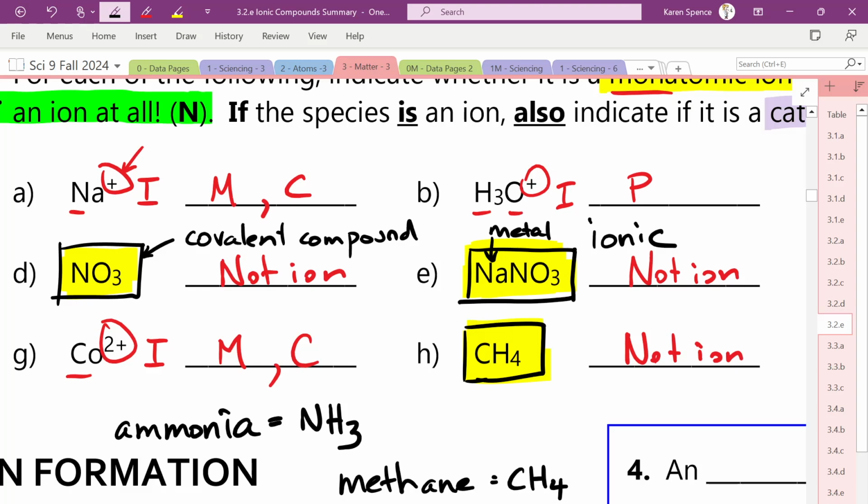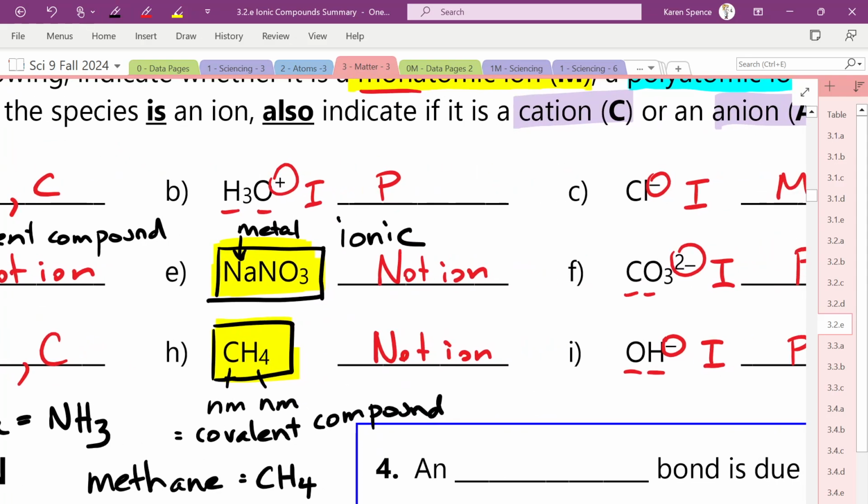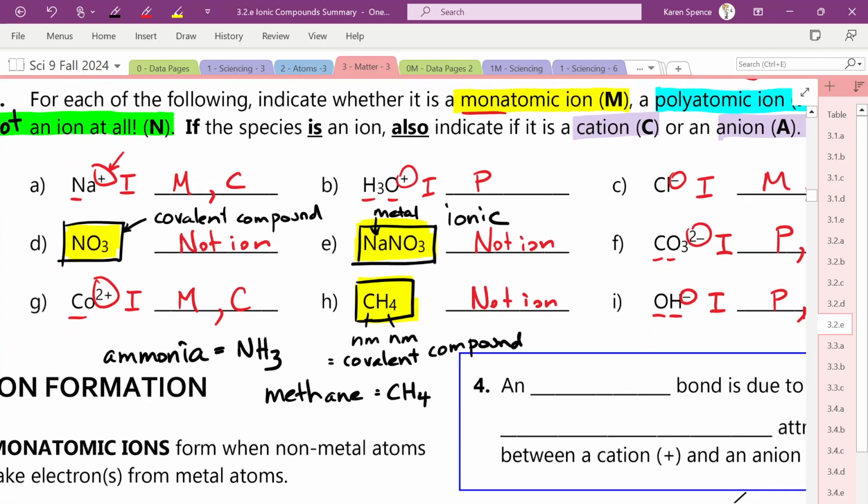It is a covalent compound because it's made of a nonmetal and a nonmetal. And the rest of them are all ions. Okay.